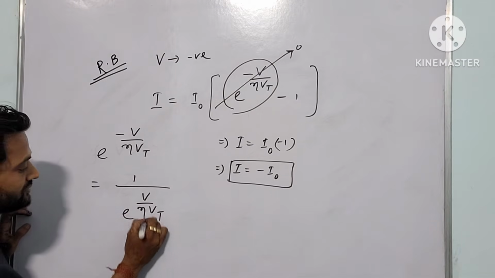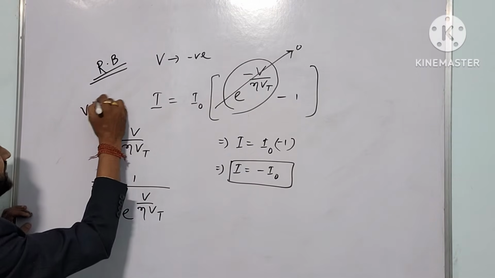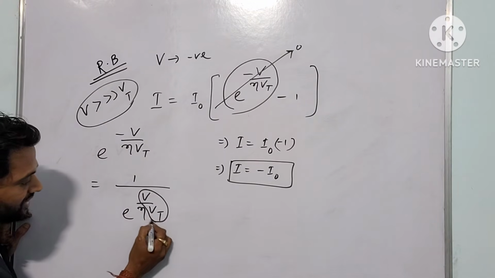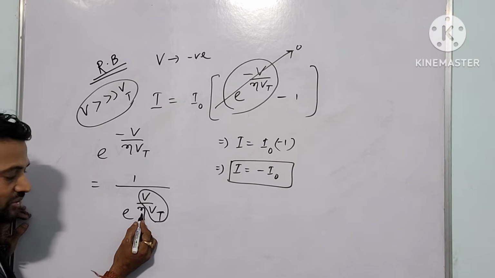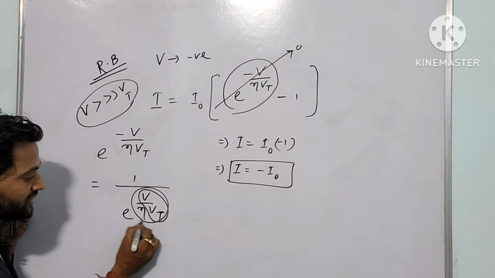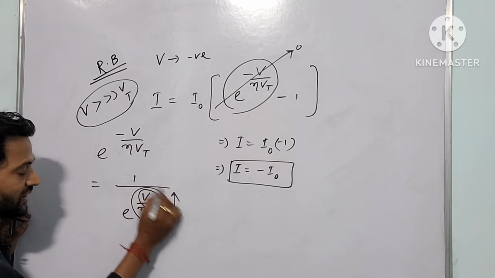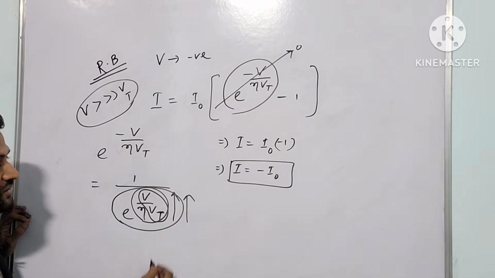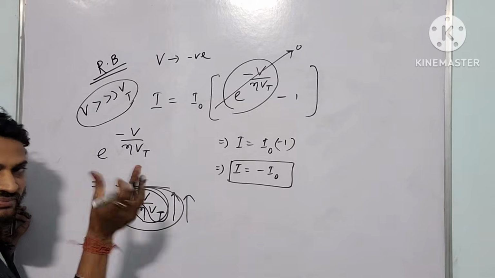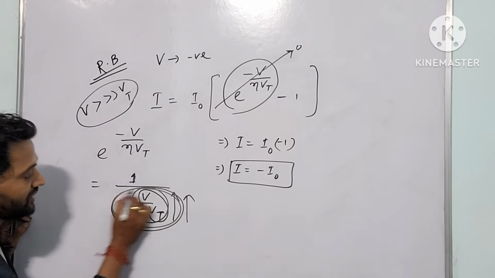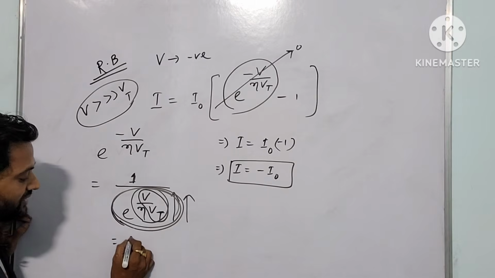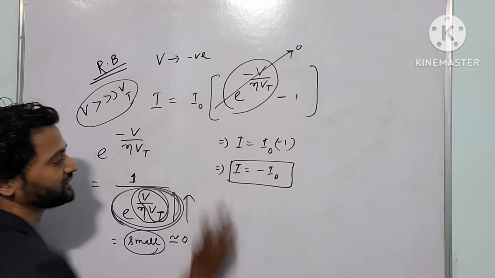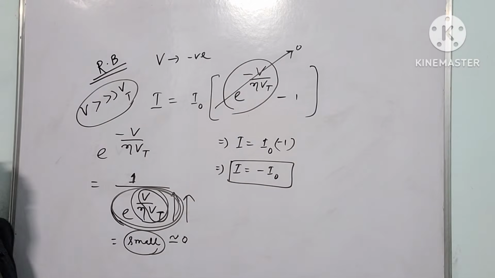Yes or no? ठीक है, so मैंने क्या बोला था, v is very greater than vt. देन ये पार्ट बहुत ज्यादा हो जाएगा, मैक्सिमम हो जाएगा. ईटा का वैल्यू तो कांस्टेंट है, इट मे बी 1 और 2. सो ये वैल्यू भी इंक्रीज हो जाएगा. अगर ये वैल्यू इंक्रीज हो रहा है, e टू द पावर दिस वैल्यू विल बी अगेन इंक्रीजेस. सो 1 बाई ए बिग वैल्यू विल बी वेरी स्मॉल वैल्यू. So that value is nearly equal to 0. That's why you can neglect this part. So I will be coming minus of I naught.